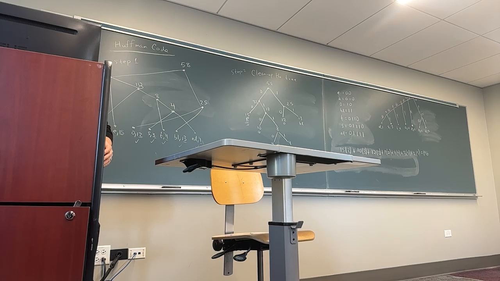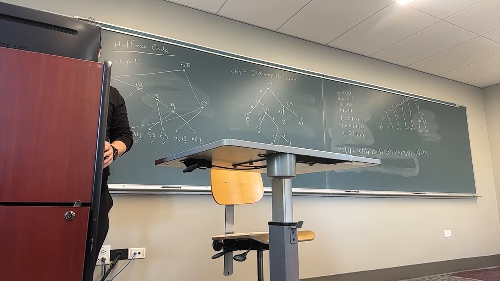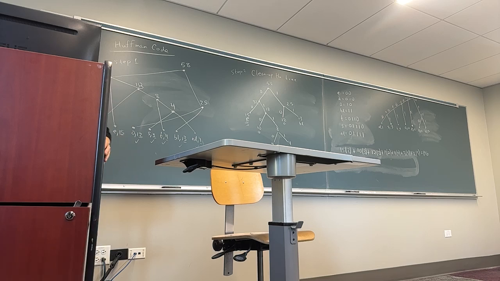The data structure that you use to write this is a heap. You could also do it with a tree, but this pseudocode is for a heap. And then the complexity, I think overall is n log n.